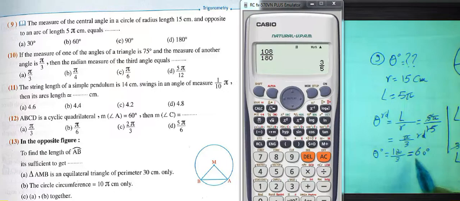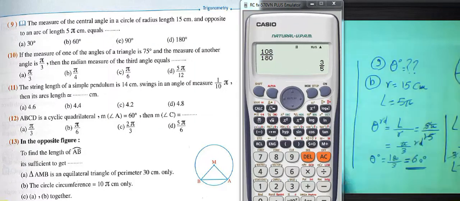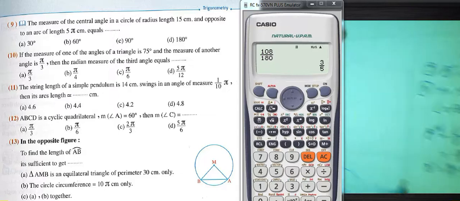To convert from radian to degree, we can replace pi with 180. The result will be 60 degree. Okay, question number 9, the result will be letter B. About question 9. Question number 10.